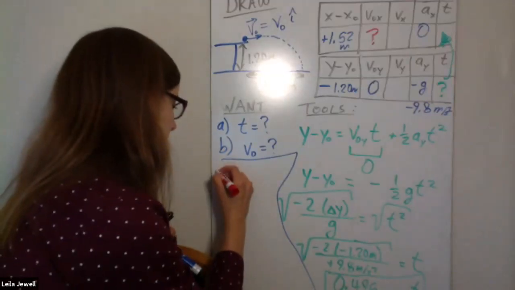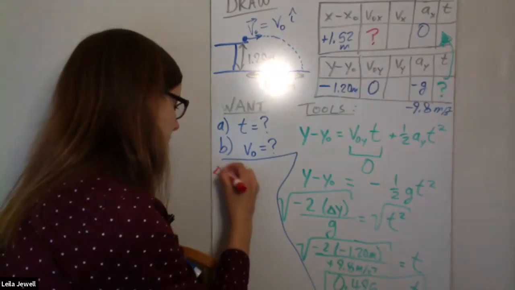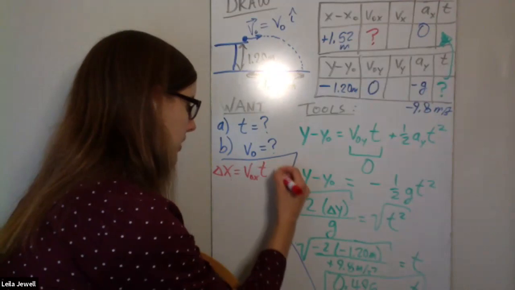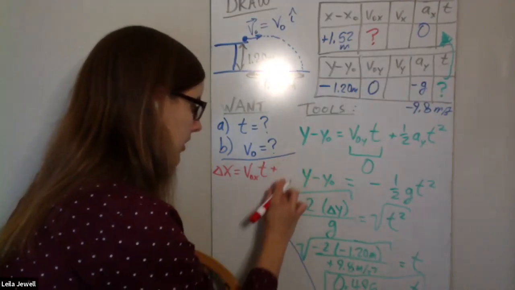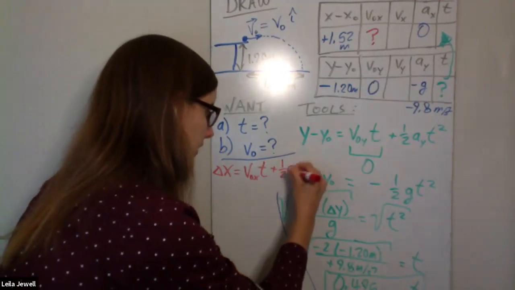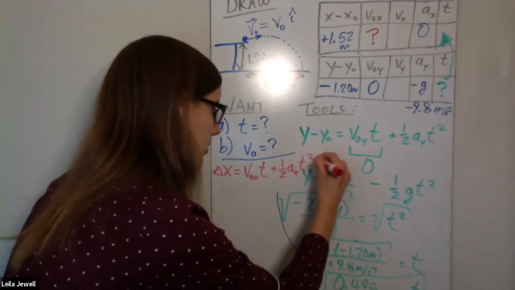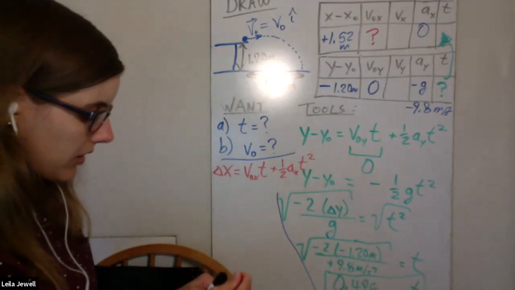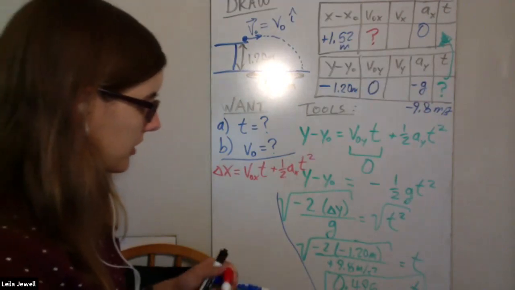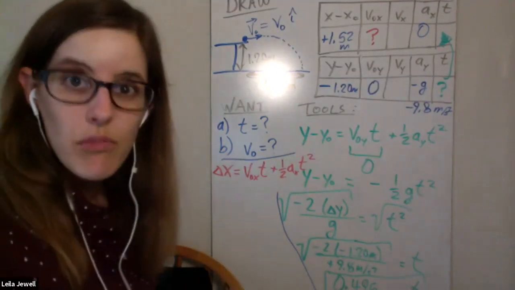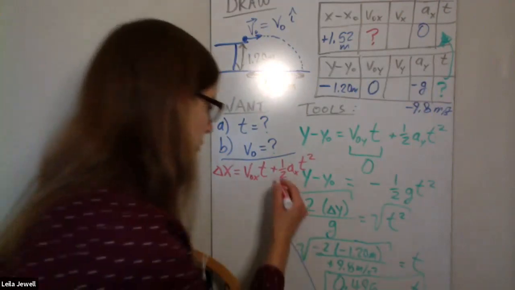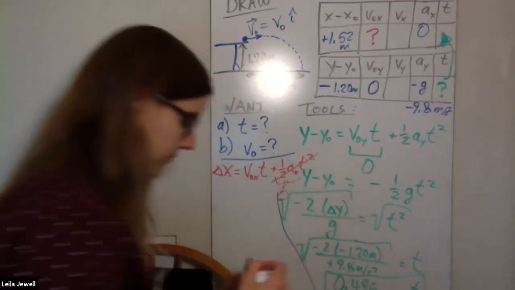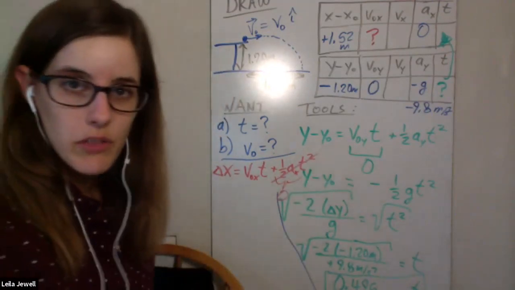So we could do our displacement in x, delta x is equal to v0x times time plus, this is going to get a little bit tight, 1/2 ax t squared. The reason I'm okay with cramming this a little bit is what's the value of the acceleration in the x direction? It's 0. So this whole second term is just 0. It goes away. Only because we're in the x direction, flying through the air.